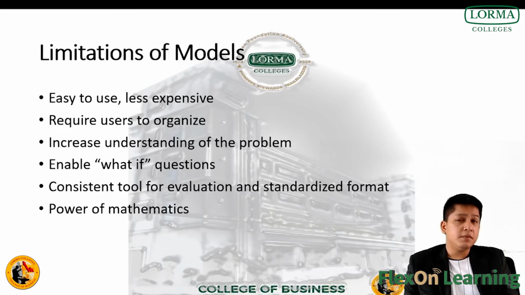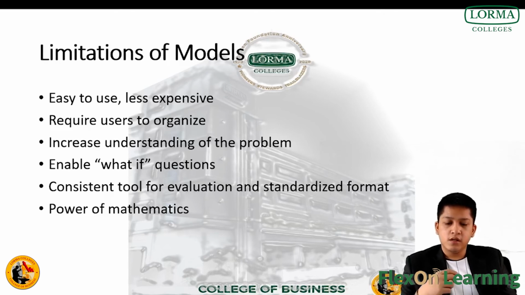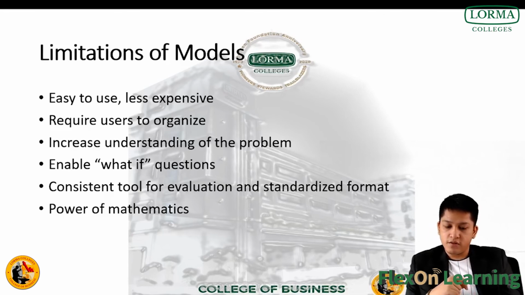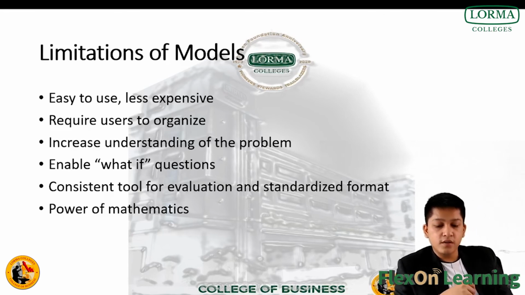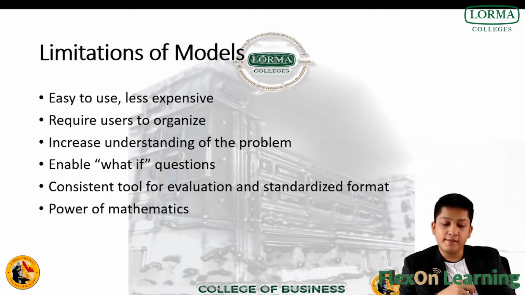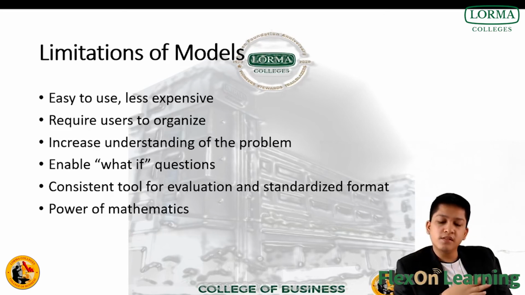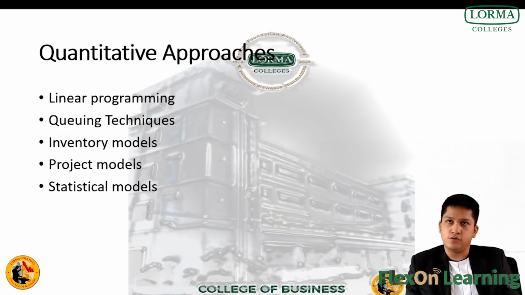And the limitations of models are that quantitative information may be emphasized over qualitative. Models may be incorrectly applied and results misinterpreted. Unqualified users may not comprehend the results or how to use the model. So use of a model does not guarantee a good decision.